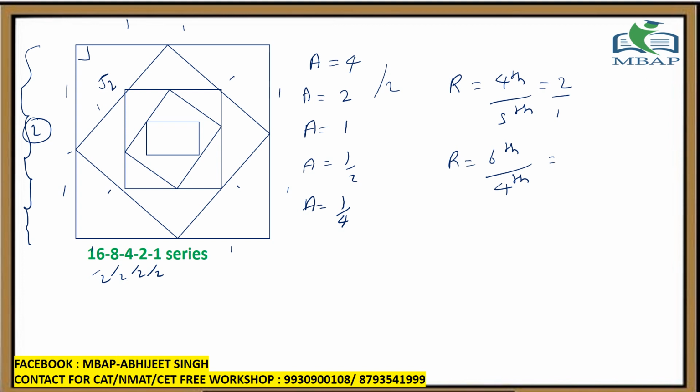So the ratio is going to be half of half, which is nothing but 1 by 4. For any two consecutive squares, the outer square to the inner square always has a ratio of nothing but 2 by 1, because it's a geometric progression.